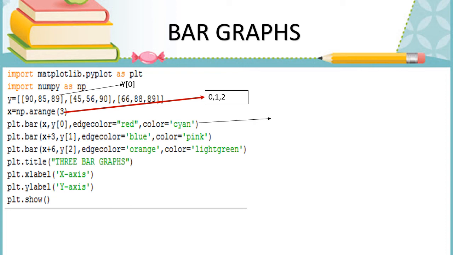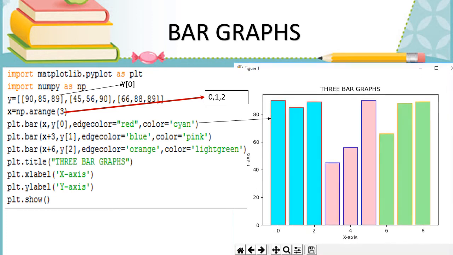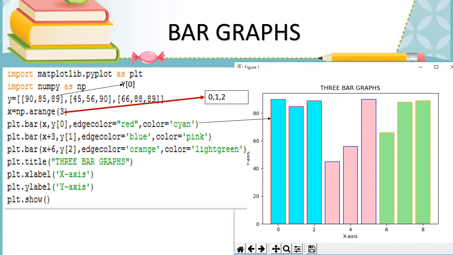And now I am passing the first bar graph. The x value is the same 0, 1, 2, and the y value is taken as the first sublist of y, that is 90, 85, 89, and the edge color is red and the color is cyan, that is the face color, the fill color.